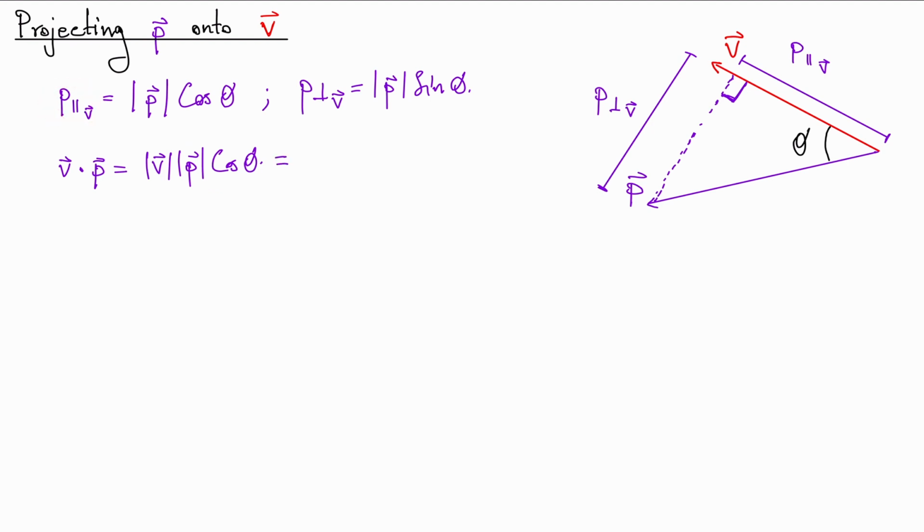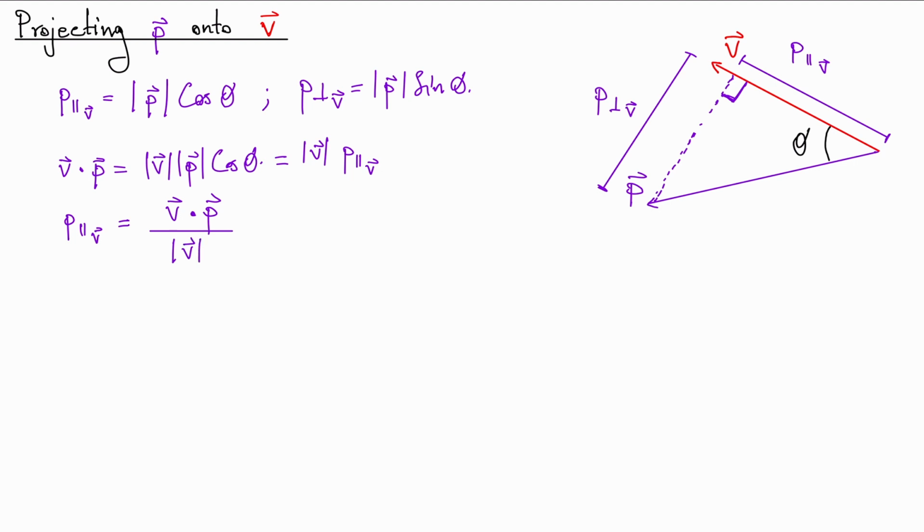So we can rewrite this as the magnitude of V times P parallel V bar. So if we want to isolate P parallel V bar in this equation, we simply divide by the magnitude of V bar. So therefore, P parallel V bar is simply going to be equal to the dot product of these two vectors, V and P, divided by the magnitude of vector V bar.